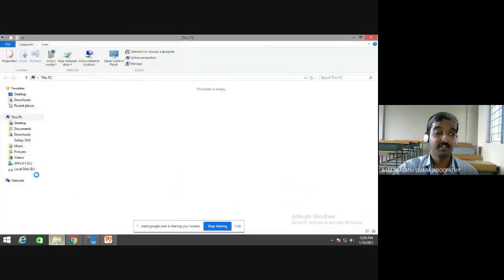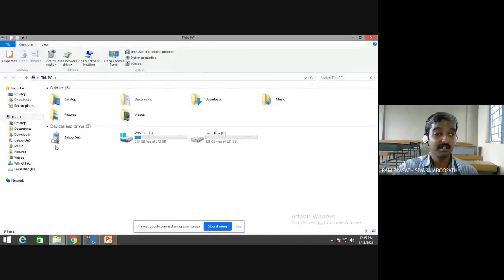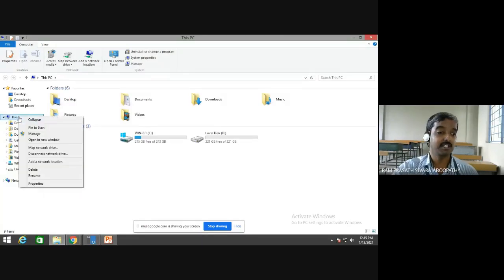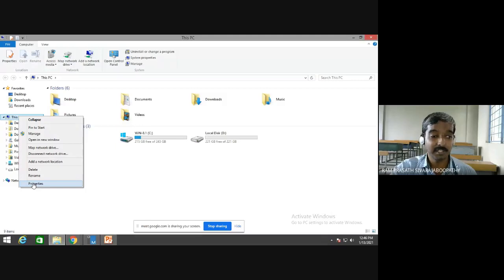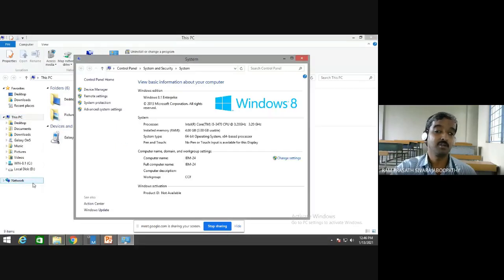Right-click on This PC, and you can see properties. Clear? I hope everyone can see what I am displaying. Yes sir. Yes, simply click on the properties. A new window will pop up.